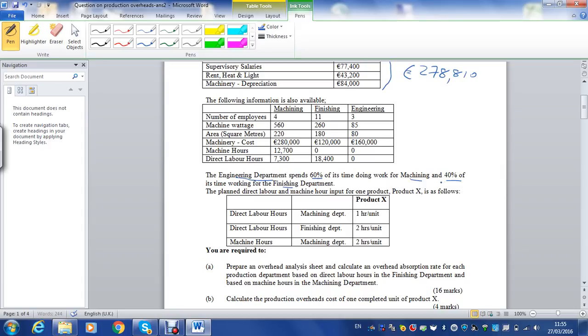So far so good. Now it's going to give some new information here on direct labor and machine hour input for product X. At the end of the day, we've got to produce something.